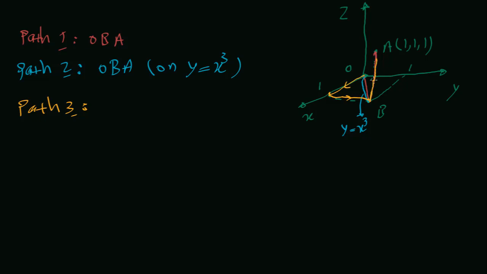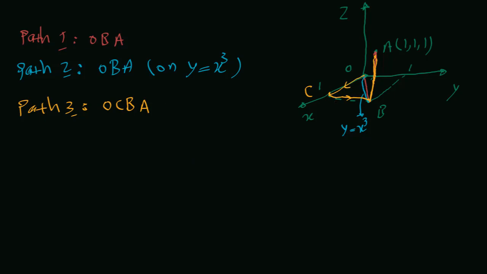For all the paths that we had here, from B to A, we are just going along this line. So here we go to, let's call this C. We have O, C, and then B, and then A. So we have 3 different paths, and we want to calculate the work that is done by force F.